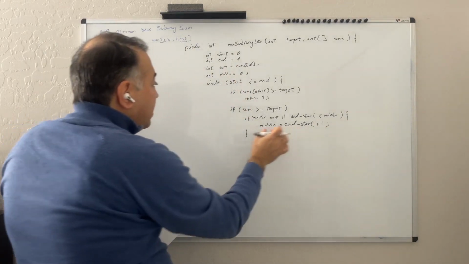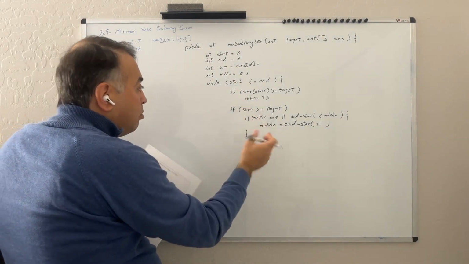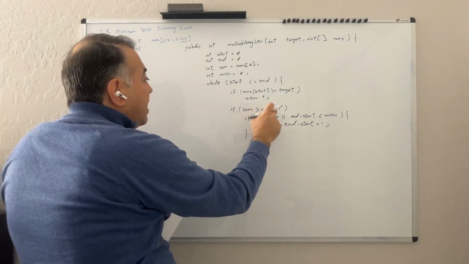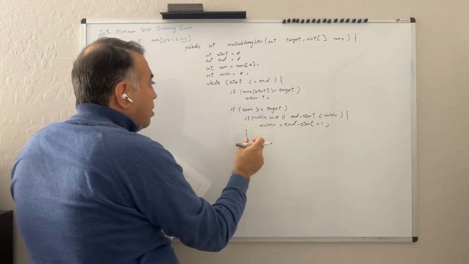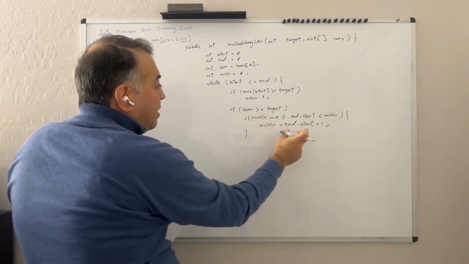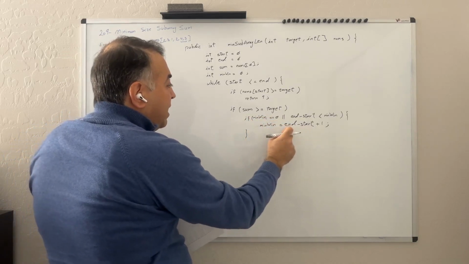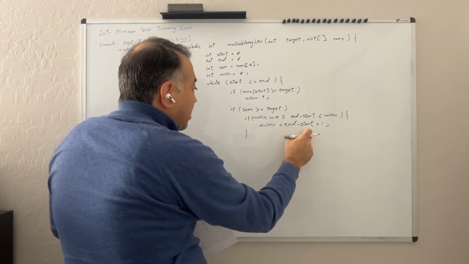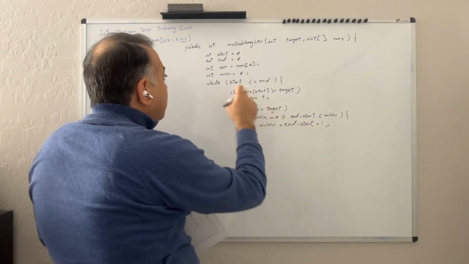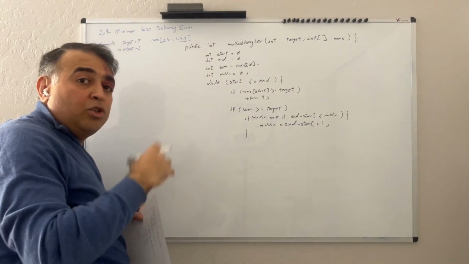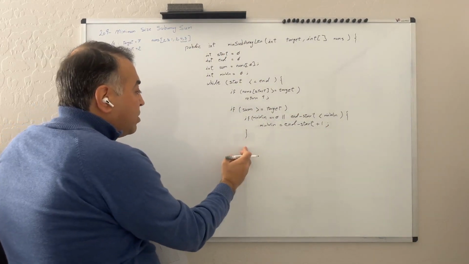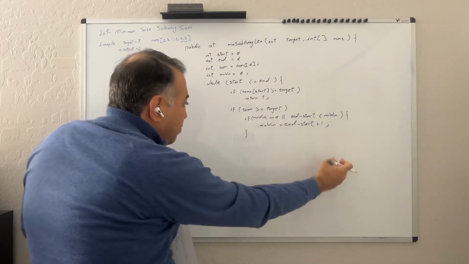In the other case, if we find it's greater than or equal to target, but the window that we find by subtracting end to the start is greater than the minimum window that we previously found, as I showed you, we need to move the start pointer one step to the right.